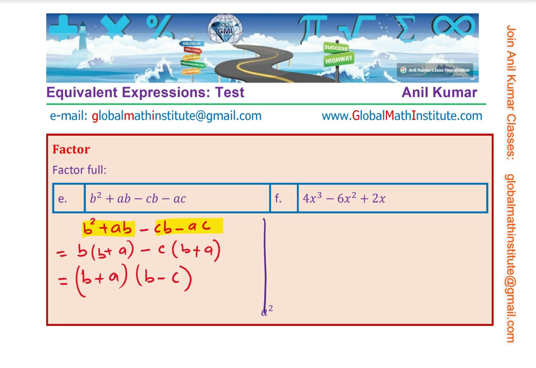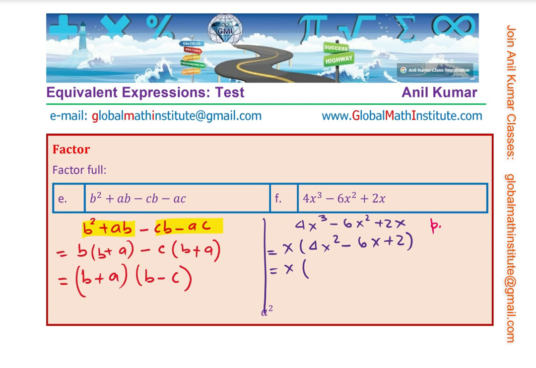Next question, which is 4x cubed minus 6x squared plus 2x. Let's rewrite the question. 4x cubed minus 6x squared plus 2x. So x is common, so let's factor x out. So we get 4x squared minus 6x plus 2. So now we have a trinomial quadratic. 4 times 2 is 8, so we'll apply the product and sum concept.